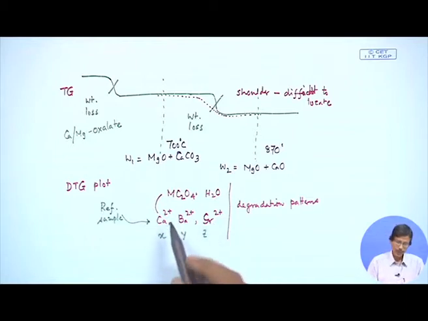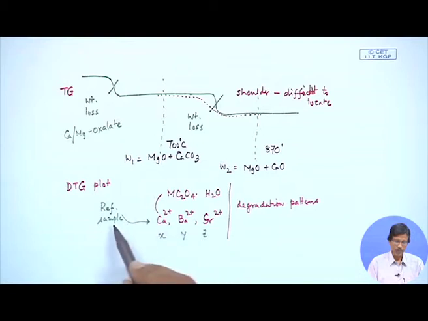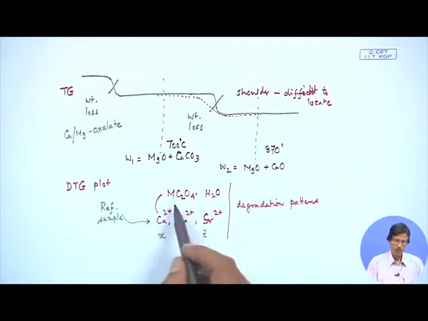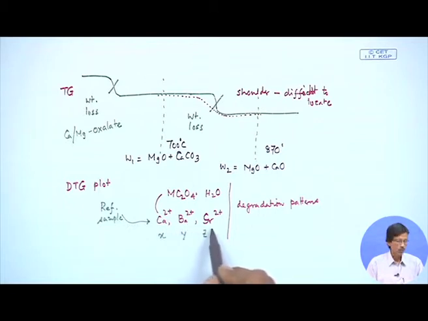Then in the second run we add a certain amount of known calcium, that will immediately tell you at what temperature the known calcium along with the unknown calcium will decompose. So, that will give the corresponding amount of calcium with reference to the added sample. Then, because we know what amount of original sample we are heating, we can find out the barium amount or the strontium amount.